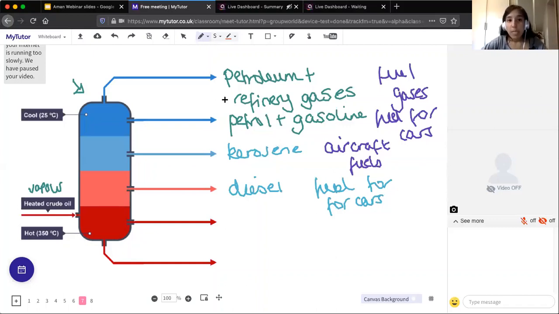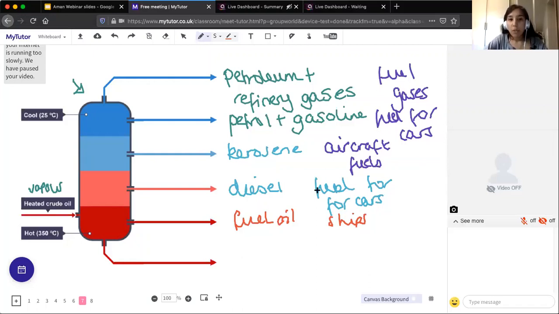I'll give you a clue. The top one was called refinery gases. If I tell you we've now officially become a liquid, so it's no longer a gas, what would we call it here? Good, fuel oil. Excellent. So someone said fuel oil. So it's essentially a fuel oil, and that's used for ships, to power ships and things like that.